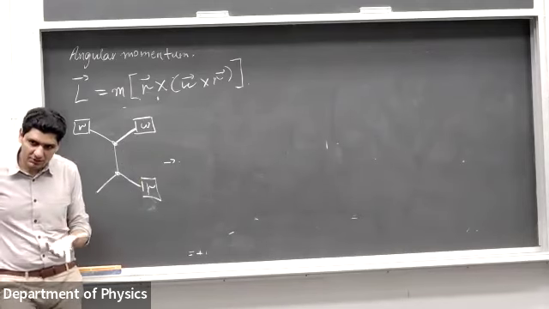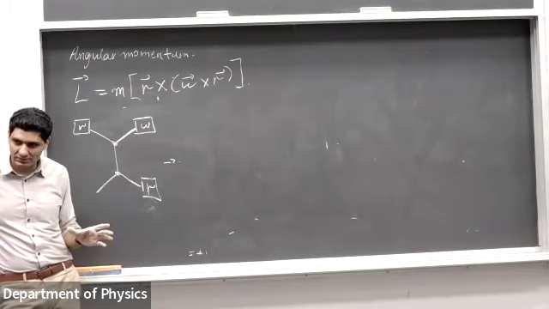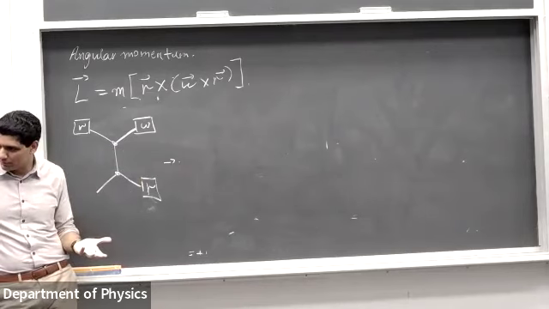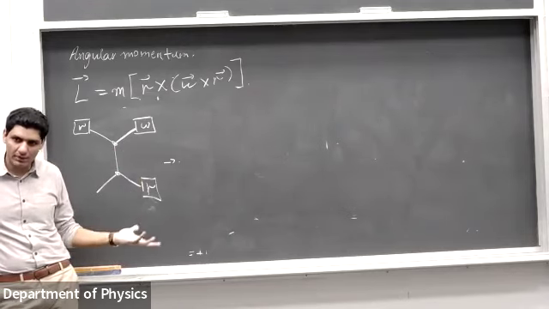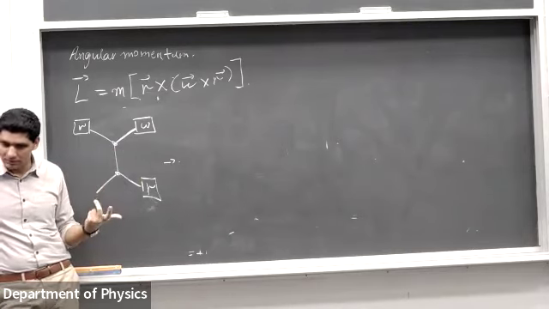All the angular frequency tells you is how fast and in which direction your object is spinning. So omega in that sense is kind of arbitrary. It has nothing to do with the object itself. It only tells you, whatever object you have, how fast it's spinning and in what direction.